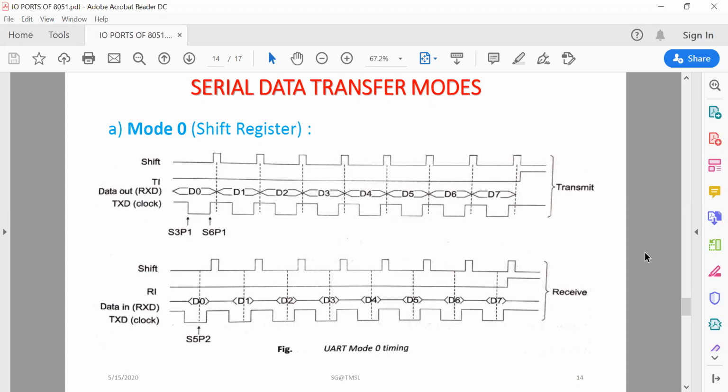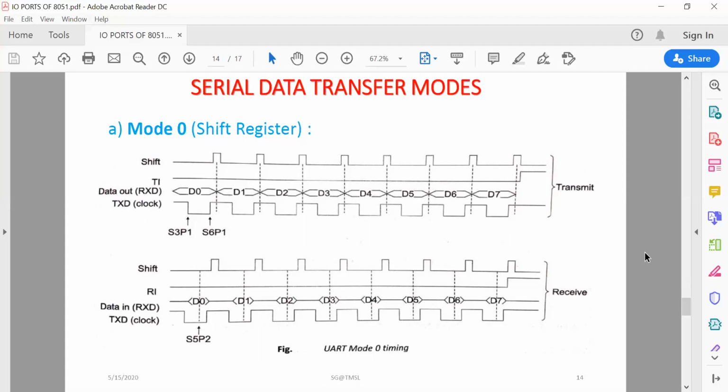And the TXD pin, the transmit data pin, actually outputs the shift clock signal, which is used to synchronize data transmission and reception.